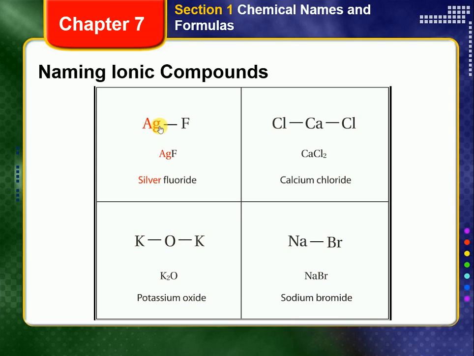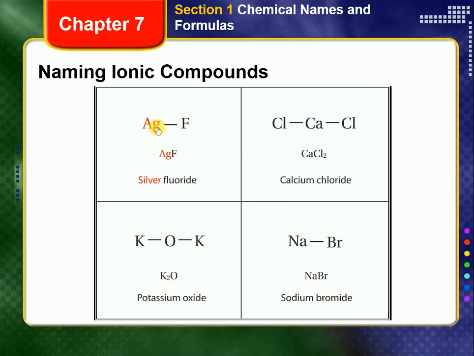So silver and fluorine becomes silver fluoride. Calcium and chlorine becomes calcium chloride. Potassium and oxygen becomes potassium oxide. Sodium and bromine become sodium bromide.